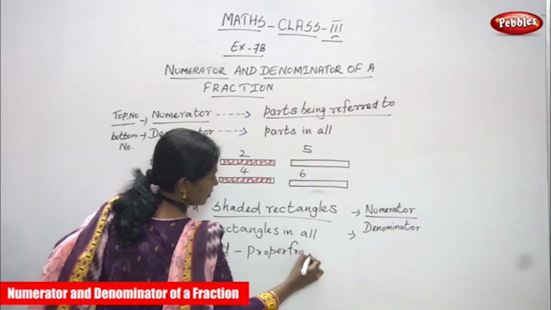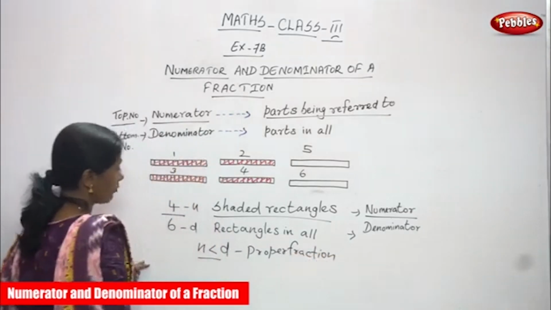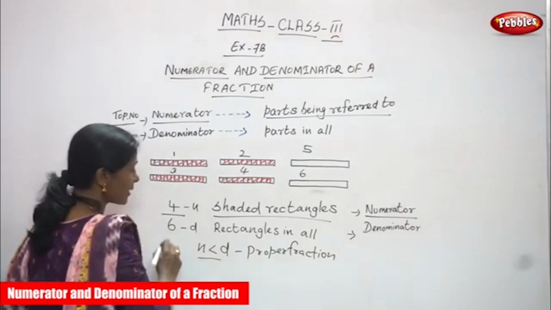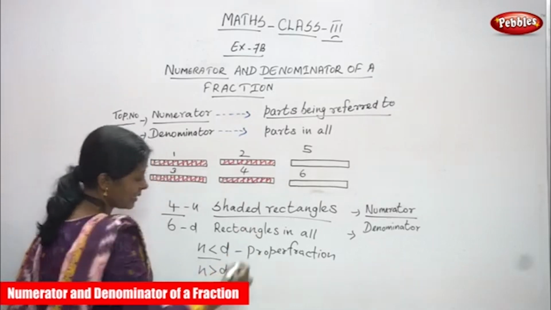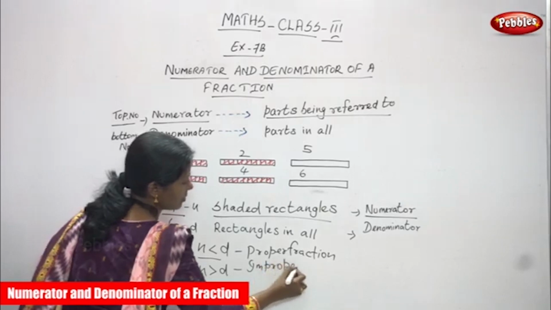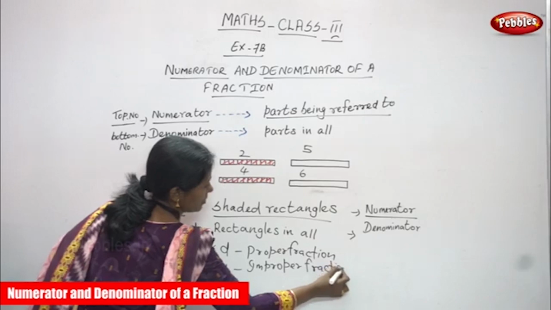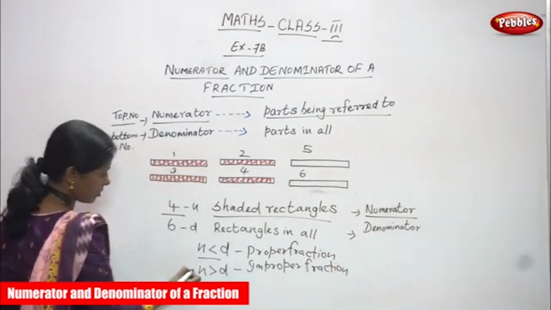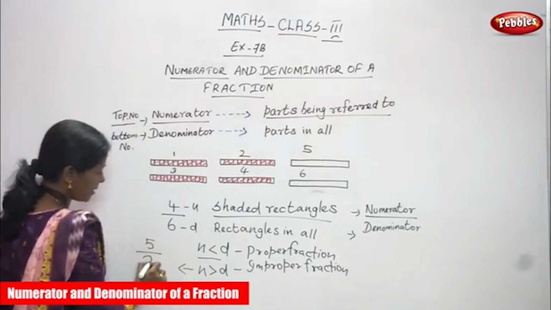It is not in your book, but I'll tell you for your general knowledge. Next, if the numerator is greater than the denominator, it is called an improper fraction. For example, 5 by 2.